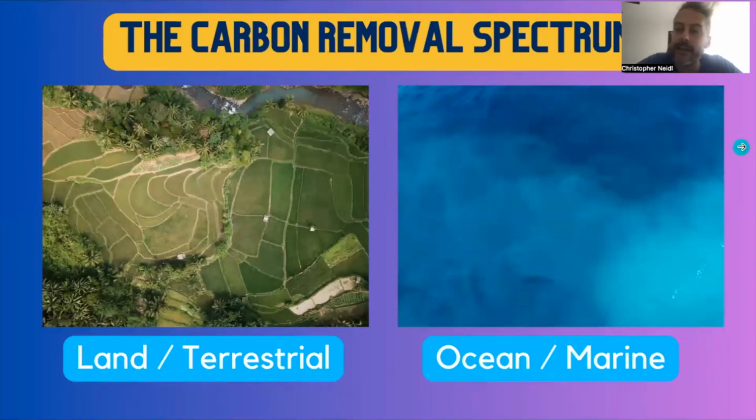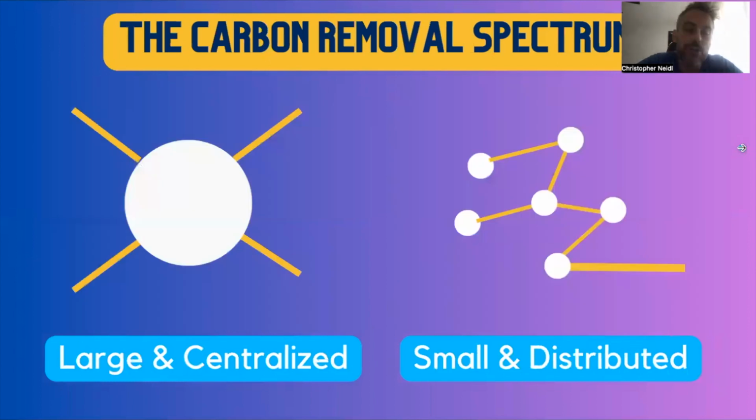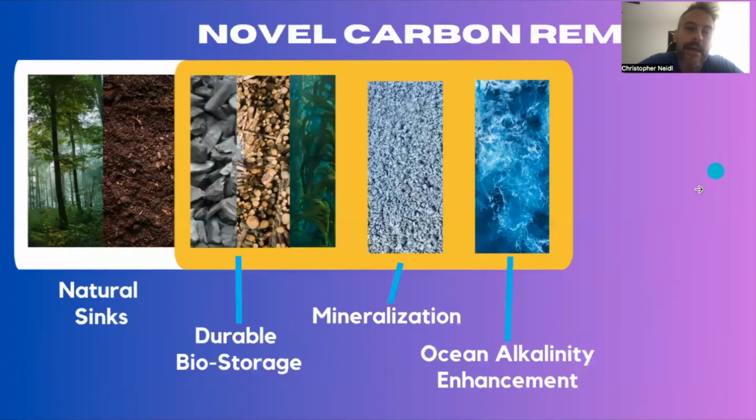The key thing to note, to set up the specific form of CDR we'll talk about today, is that carbon dioxide removal is many different ways of doing that, with different technologies and methods. Some take place on land, some in the ocean, some are really large and centralized, some are relatively small and distributed. When we think about carbon removal, many people think about trees and soil, which is a good thing to think about.